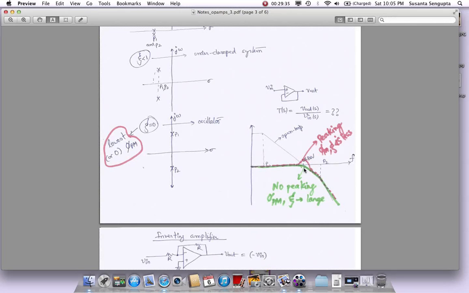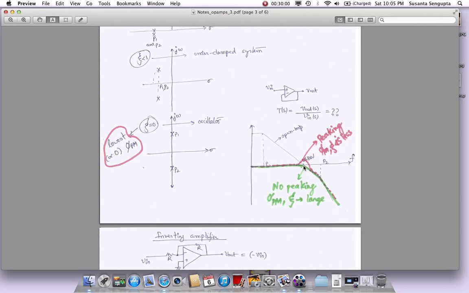Good phase margin, which is this green plot, will mean that it will not have ringing, so it will just go up and settle down like an RC type settling, without any peaking and ringing. So at the end, if you put it in a simulator and looked at the transfer function from input to output, you would see one of these two kinds of plots, either the green plot or the red plot.